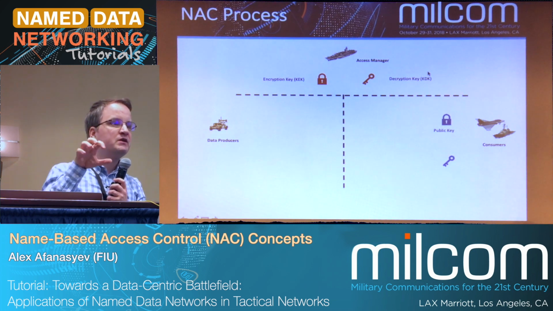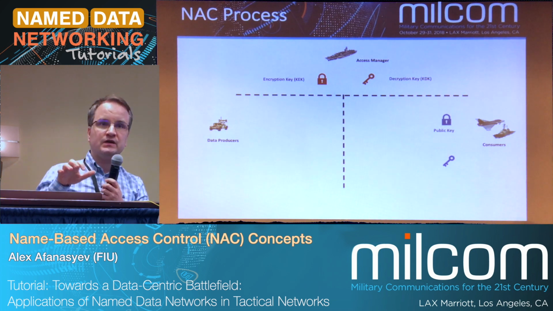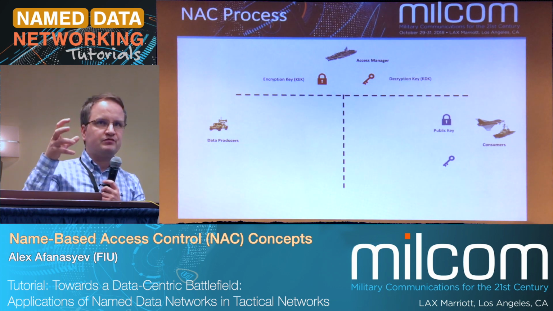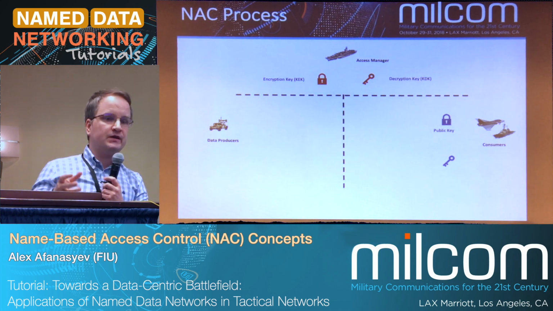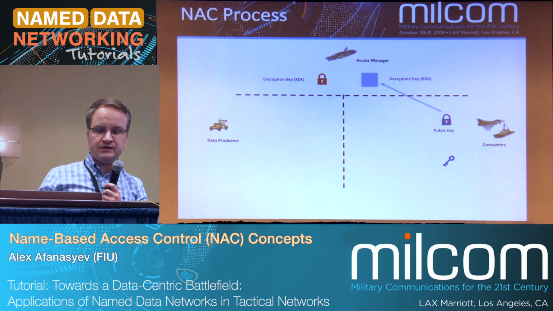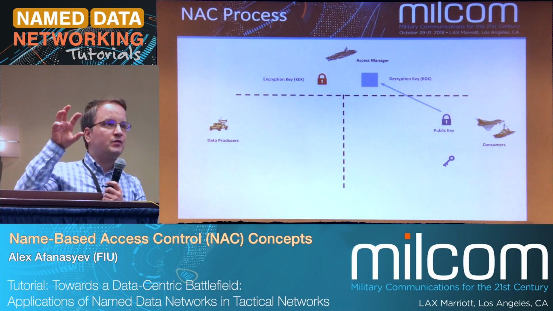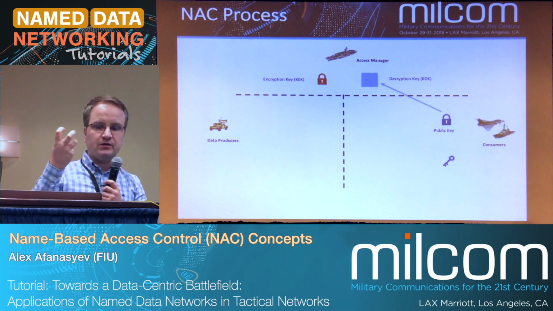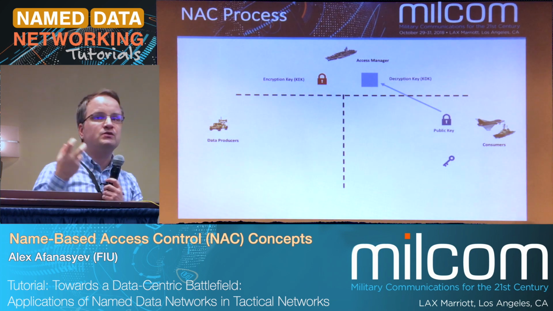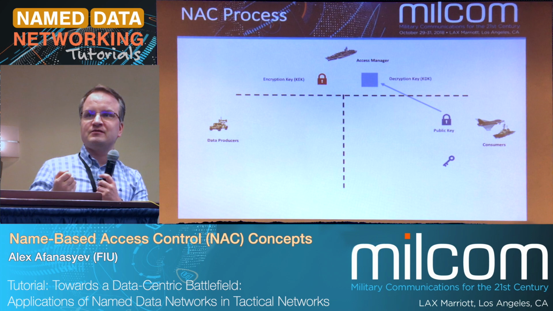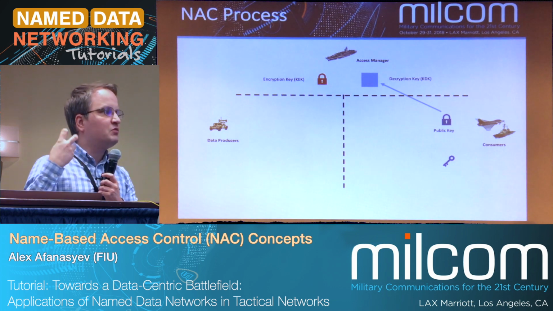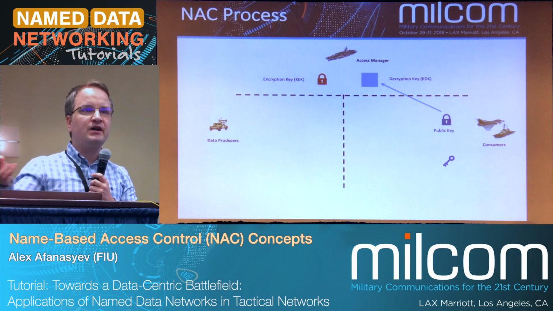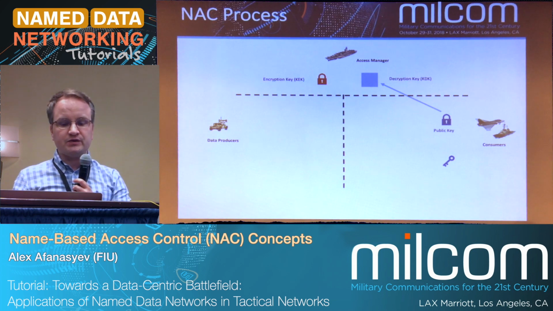This pair effectively defines the policy for the whole data set. Whoever can get access to the decryption key, effectively what the access manager needs to do is to encrypt the decryption key using the public key of the person who is authorized to get access.